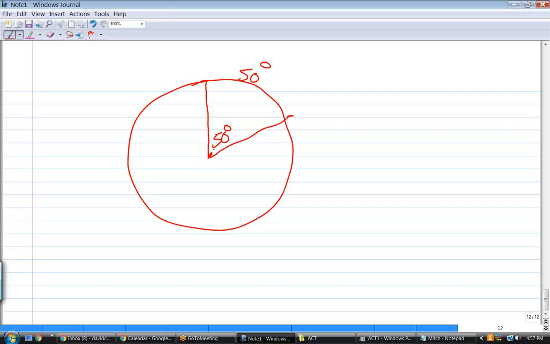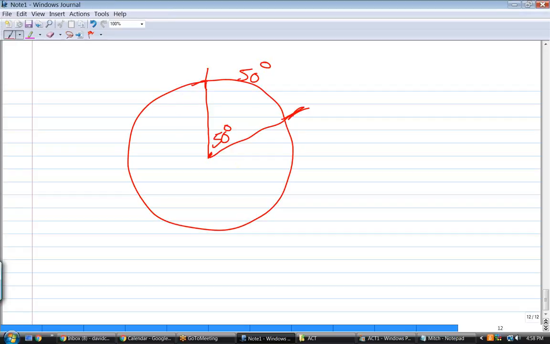Whatever the measurement of the central angle is, same as the measurement of the arc. Now, that's not arc length. That's the measurement of the arc. It's a 50-degree arc from there to there. Not the same as arc length. Length would be measured in inches or feet. This is measured in degrees.